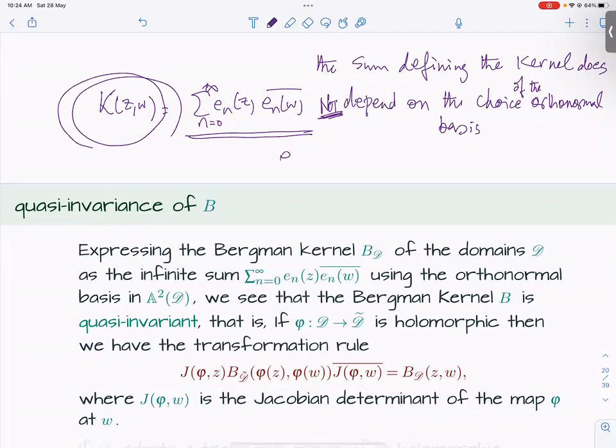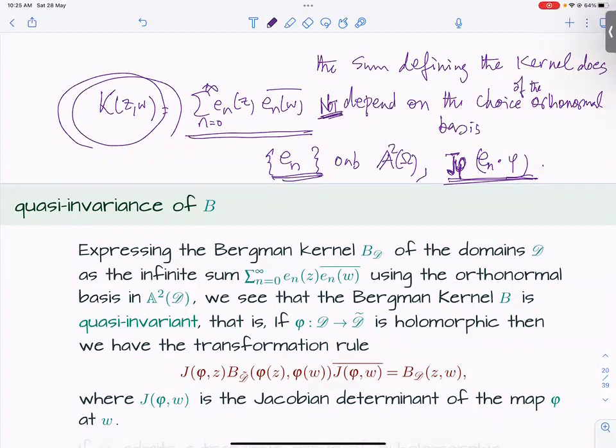So what I am going to do now is to say that suppose I had an orthonormal basis in A2 of omega, then En composite phi multiplied by the Jacobian determinant J of phi is also an orthonormal basis, and therefore the sum obtained using this and the sum obtained using this are going to be the same, because the kernel does not depend on the choice of the orthonormal basis.